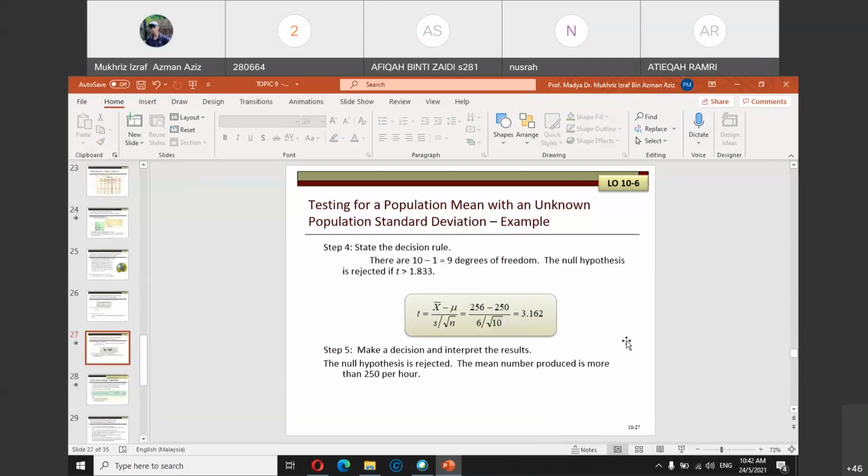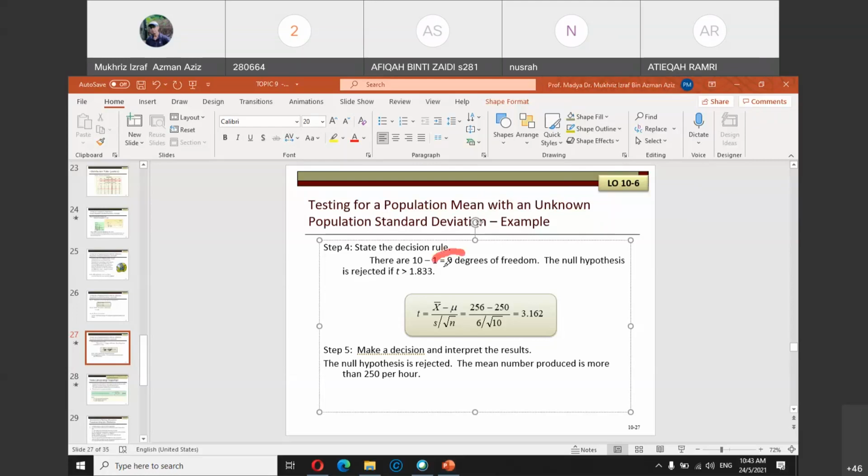Then in step number 4, you need to make up your decision. Reject H0 if T is bigger than 1.833. So how do you get 1.833? Please go and check from your T table. Your sample size is 10, so your DF will be 10 minus 1, which is 9.